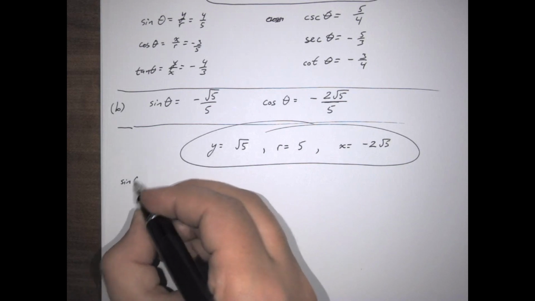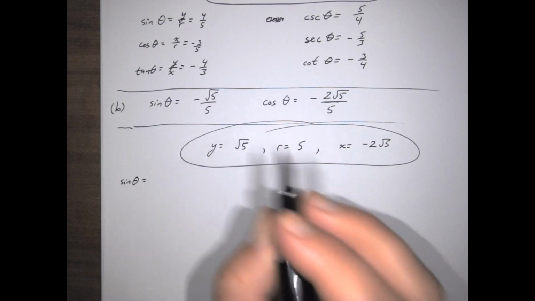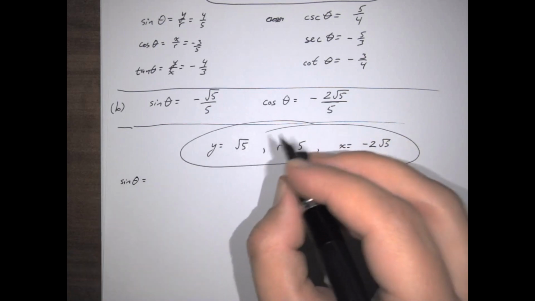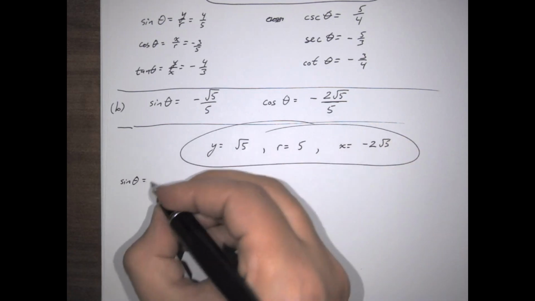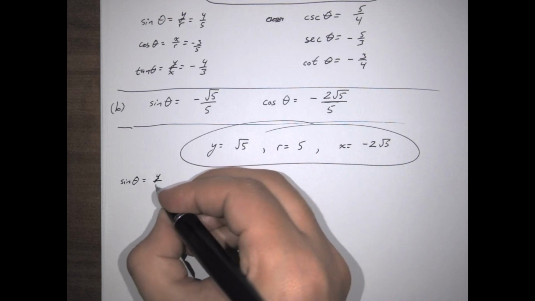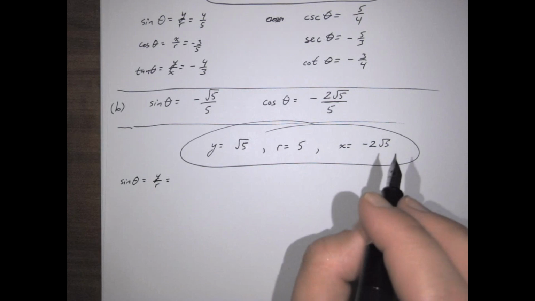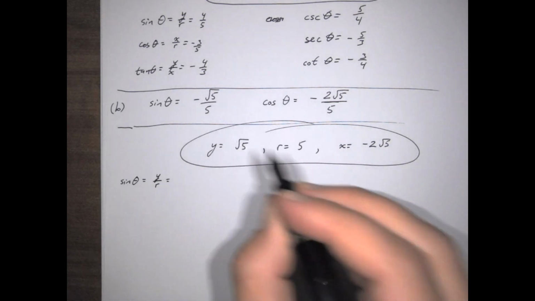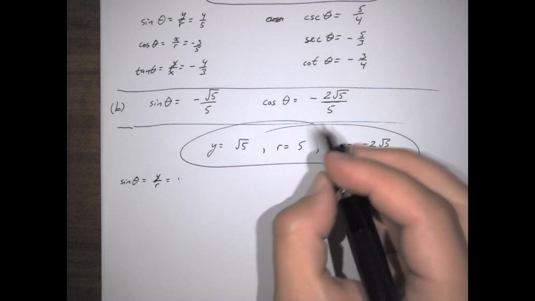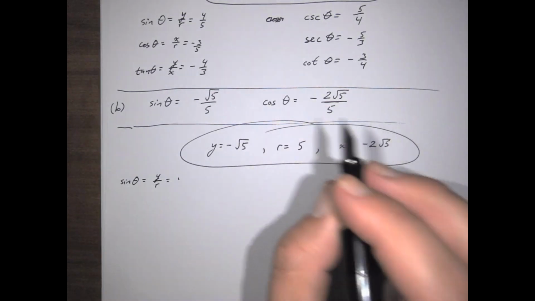All right, so I'm just going to write them all, and just as out of habit, or to develop the habit, I will even write the ones that I have been given, just because they are part of the whole constellation here. So y over r is, y should be negative root 5.